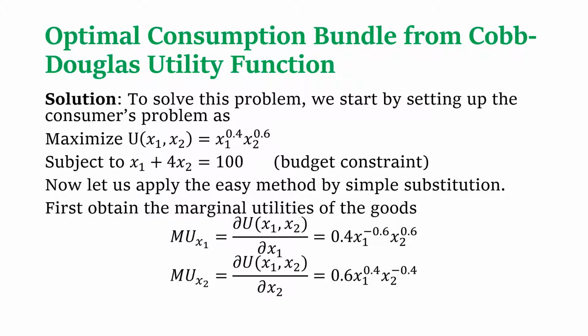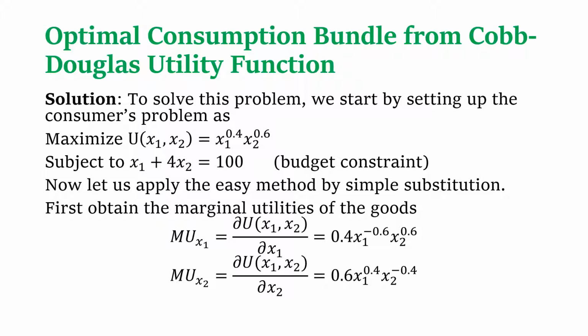That is x1 to the power 0.4, x2 to the 0.6, by 0.4. But remember, we always need to subtract 1 from the exponent. So I'm differentiating with respect to x1, so I am going to take 1 from 0.4. So 0.4 minus 1 gives us minus 0.6.